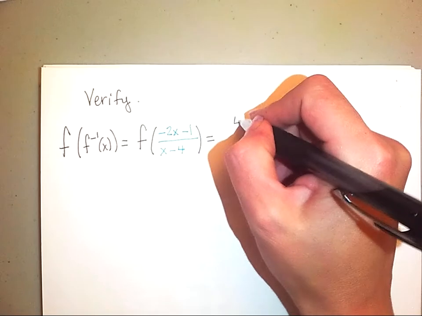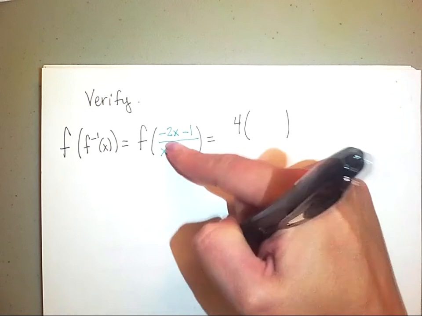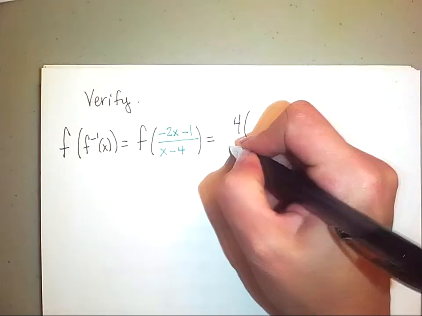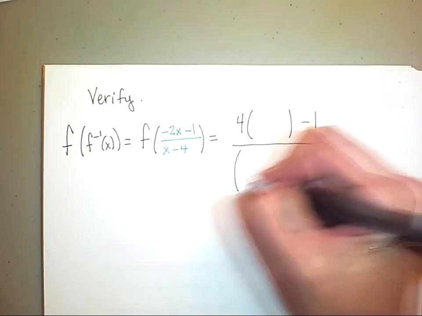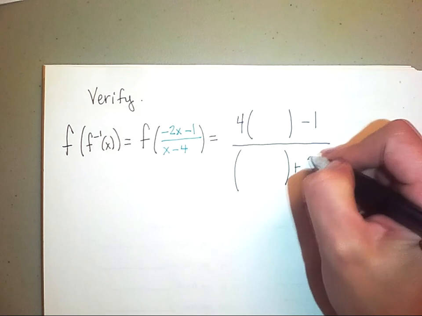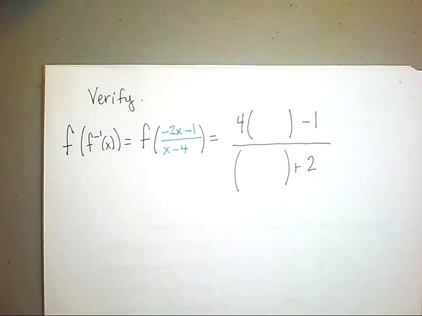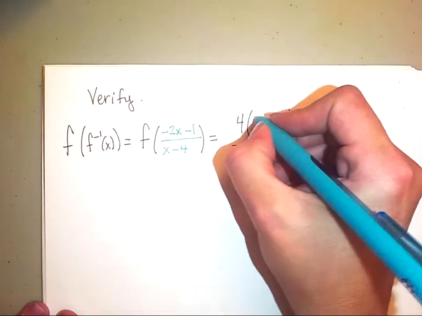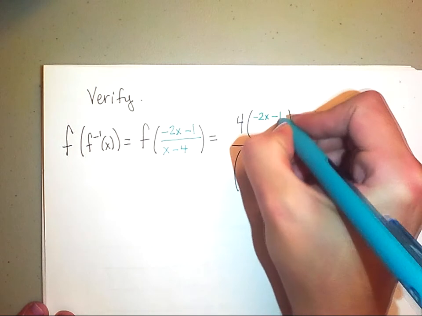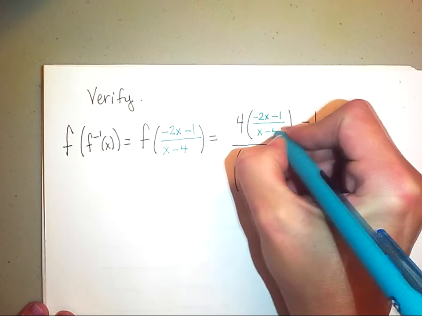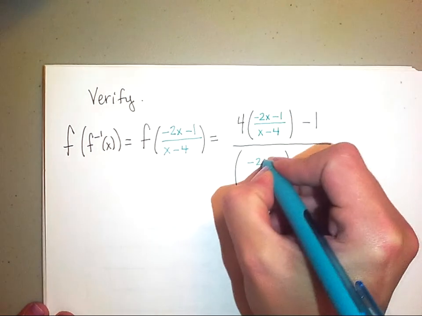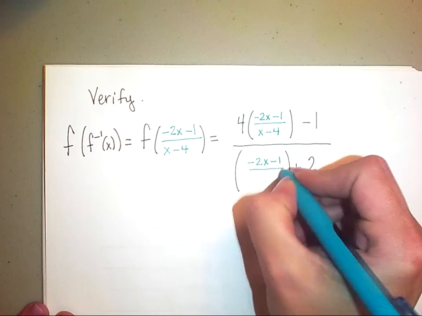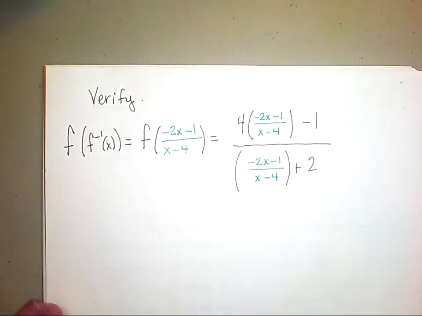Now f says we're going to take 4 times this, subtract 1, divide by this, and add 2. Right, so let's fill that in. Alright. Okay, this is going to take a little bit of work, but we can do it.